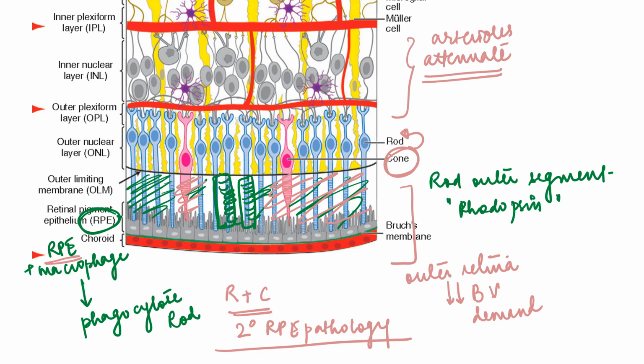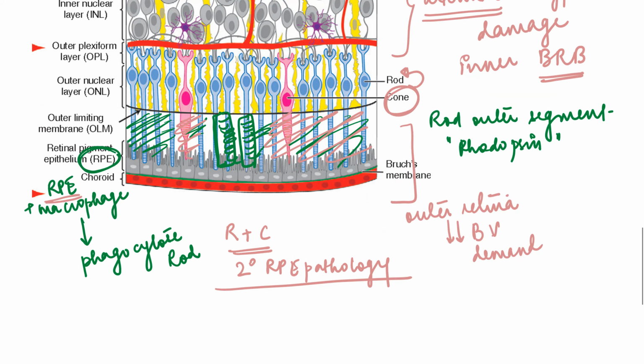Also what happens is, because of this attenuation, there is a hypoxia that leads to a damage of the inner blood retinal barrier, which these arterioles are a part of. So what happens is the inner blood retinal barrier is damaged.